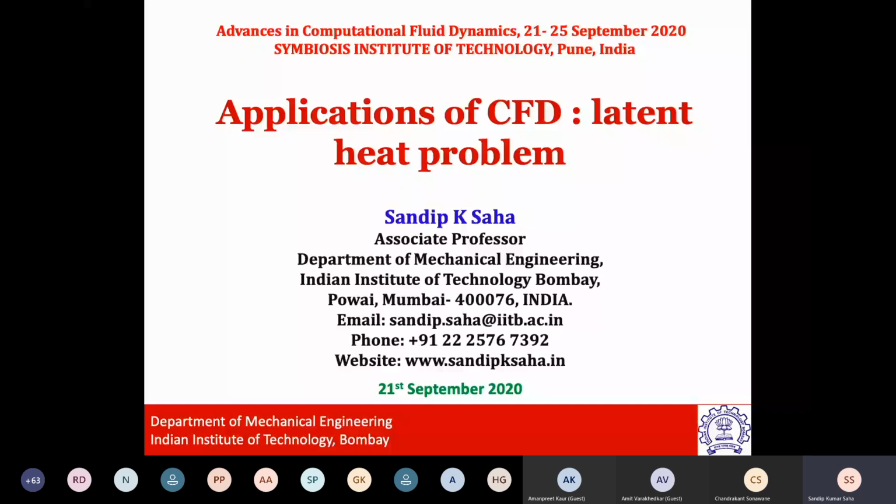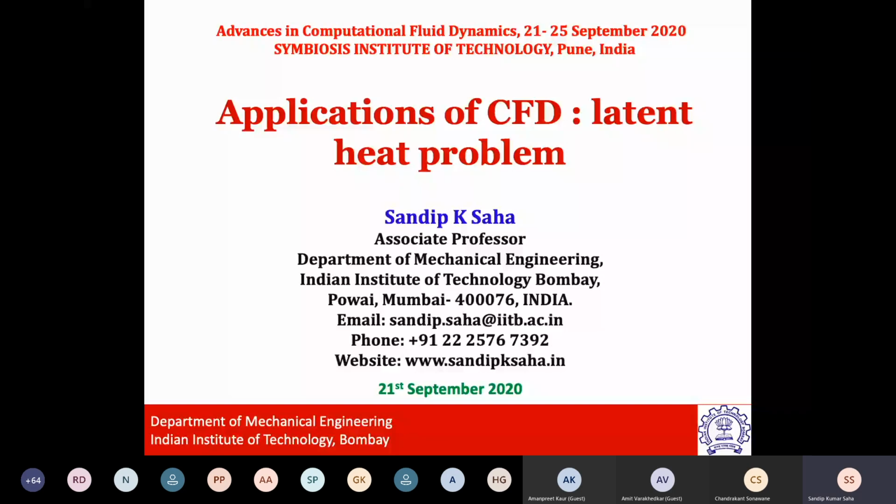Once you have this type of equations, you can use either the finite volume method, finite element method or finite difference method. This is your choice to discretize the equations and run the problem. Whatever equations I demonstrate, you may find them in commercial software, or you can write your own code in Fortran, C or even MATLAB.